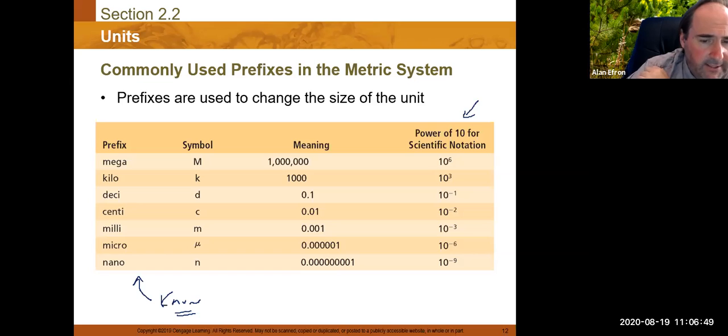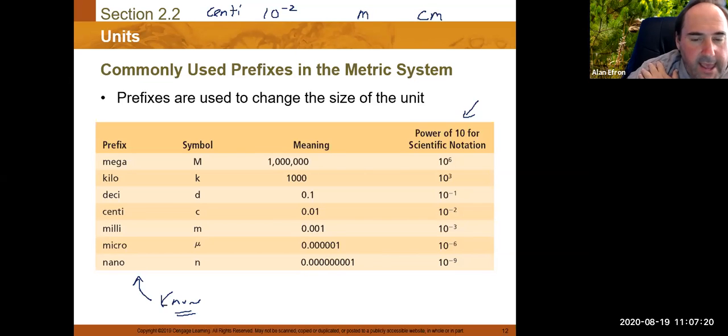So let's take a moment here and talk about how to properly use this. This again is another area where a lot of people mess up by not doing it correctly. So for example, centi is 10 to the minus 2. Let's say that we had meters as our base unit, and we have centimeters.